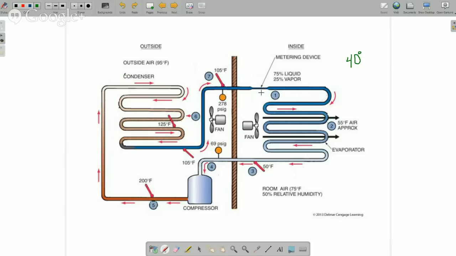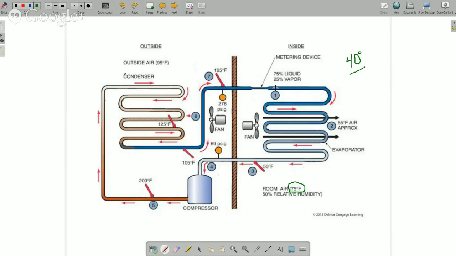Okay, so metering device. We have our flash gas, 75% liquid, and it is 40 degrees in the evaporator coil, and remember it's 75 degrees in the house. So our heat travels from a substance with more heat, which is the air inside the house, to a substance with less heat, which happens to be the refrigerant in the evaporator coil at 40 degrees.